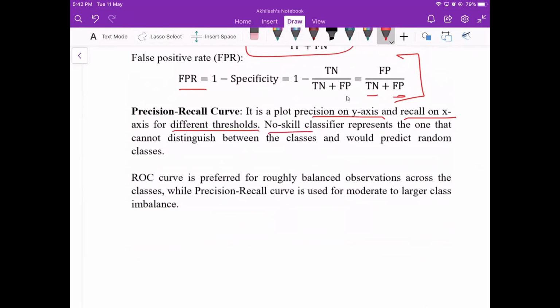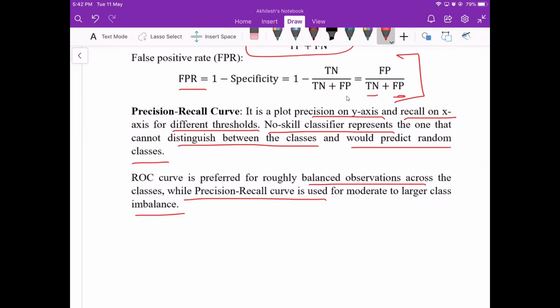And a no-skill classifier represents one that cannot distinguish between the classes and would predict random classes. The ROC curve is preferred for highly imbalanced observation across the classes, while the precision recall curve is used for moderate to large class imbalance.